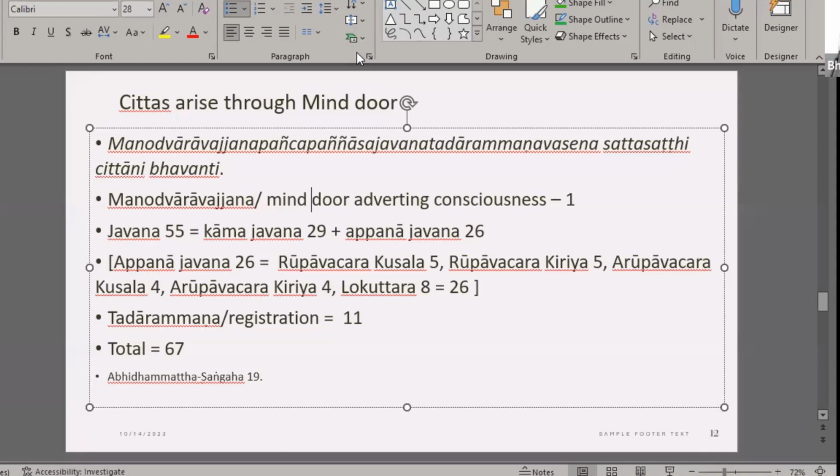Smiling, Hasituppada. So those are the occasions of arising of Kama Javanas. So let's see about Appana Javana.